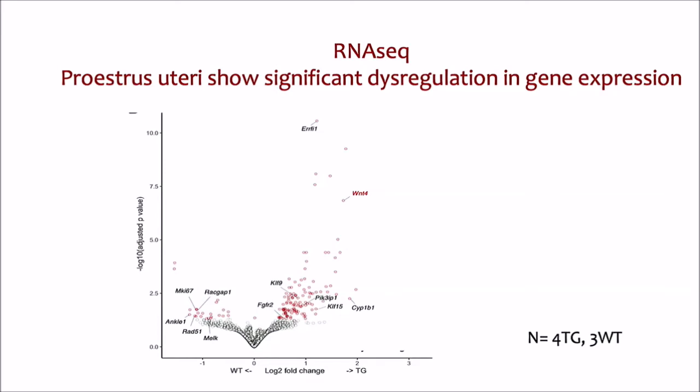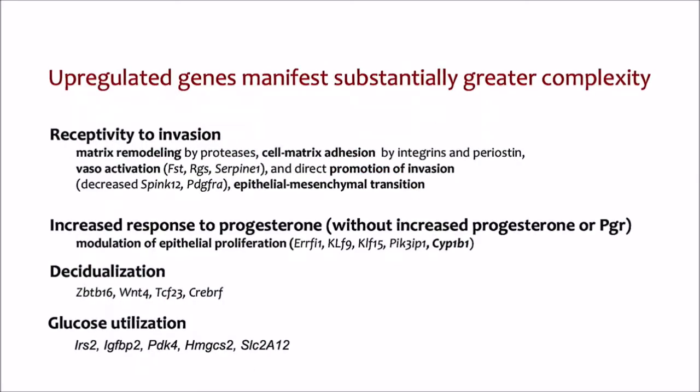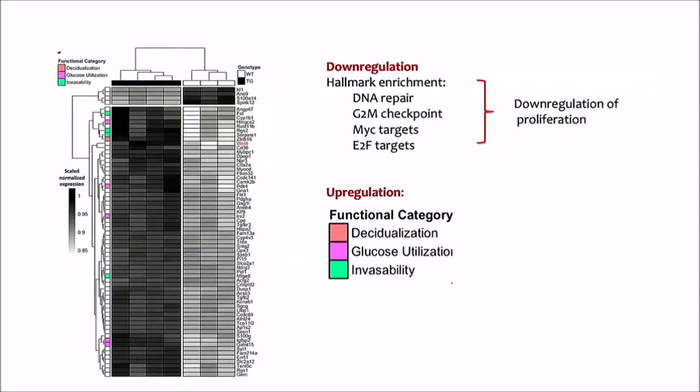This is proestrus uteri, RNA-seq, and just to take this apart a little bit, we have a down regulation of more than just these 4 genes, but these are the strongest here.